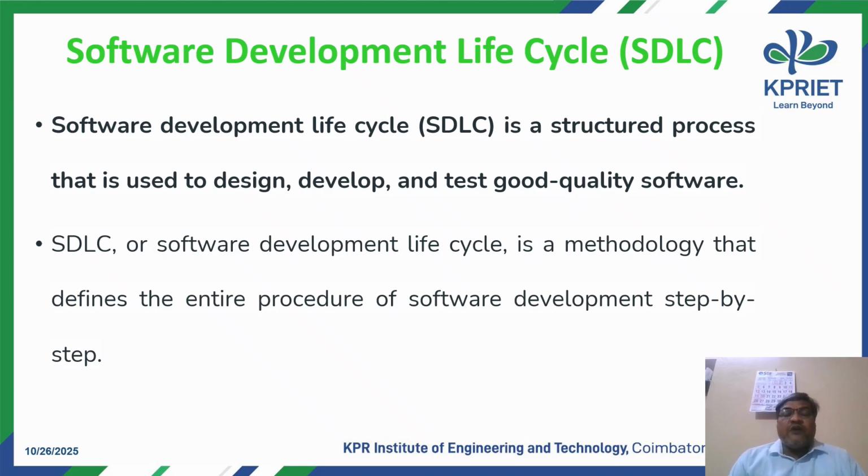This life cycle process or methodology, we can say, has many stages. Nearly 7 stages are there for guiding and developing good quality software. We are going to see each of the SDLC phases one by one.